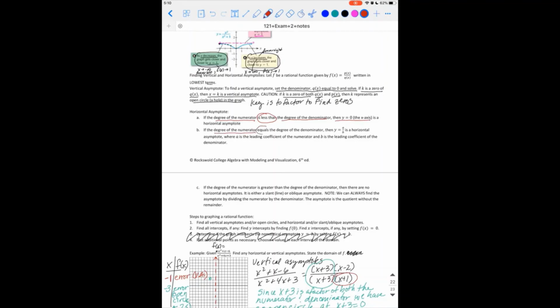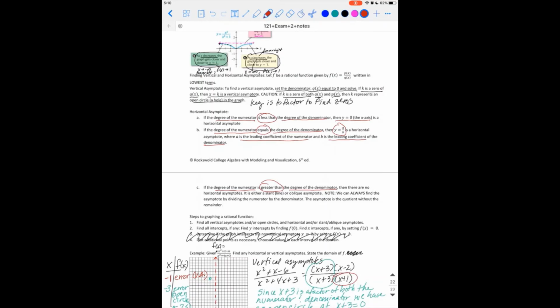If the degree of the numerator equals the degree of the denominator, then y is equal to a over b, where a is the leading coefficient of the numerator and b is the leading coefficient of the denominator. Those two divided will give you your horizontal asymptote. The third option is if the degree of the numerator is greater than the degree of the denominator, then you don't have any horizontal asymptotes.